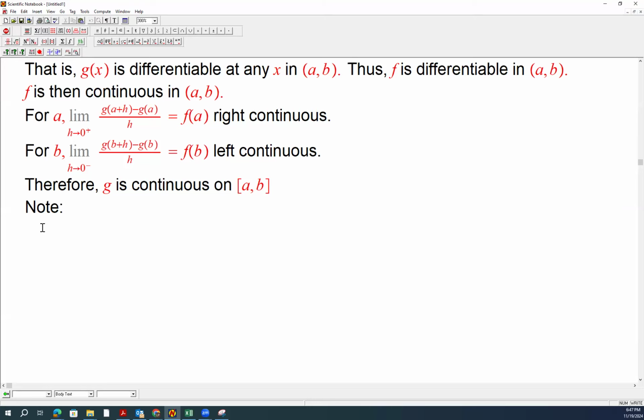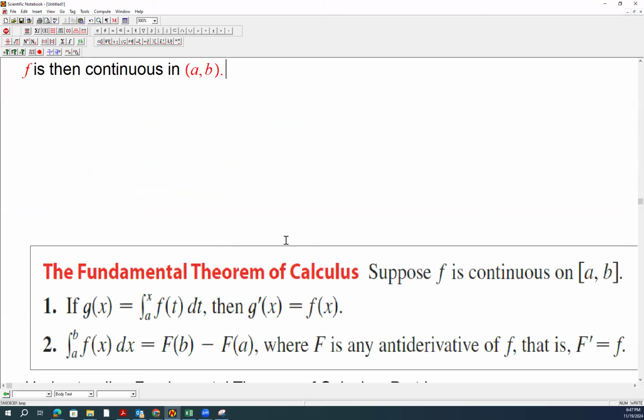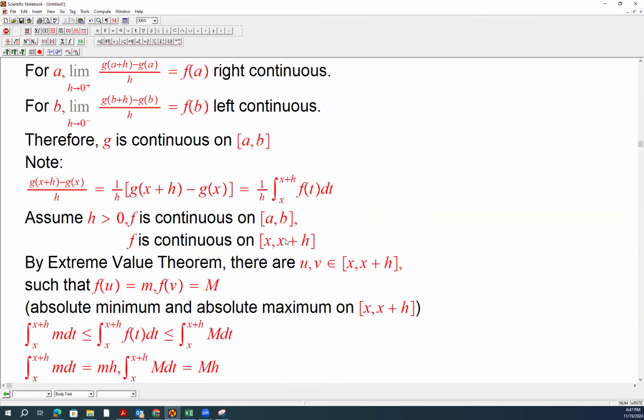Because sometimes you just wonder, really, right? So for H is negative, what will happen? There will be a couple of changes because when H is negative, X plus H is smaller than X. So we're going to switch these two. So it's going to be X plus H and this is X. But remember, H itself is negative, right?